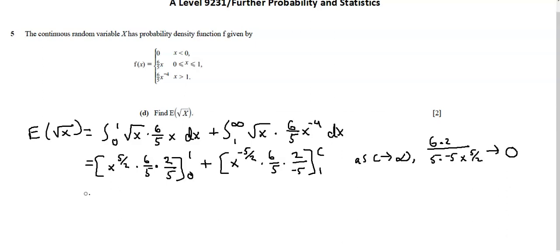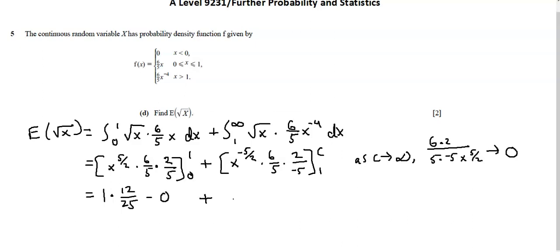Now simplifying with our inputs, x to the power of 5 halves with a value of 1 will be 1 times 6 times 2 is 12 over 5 times 5 is 25, minus the value resulting with an x of 0 is 0.